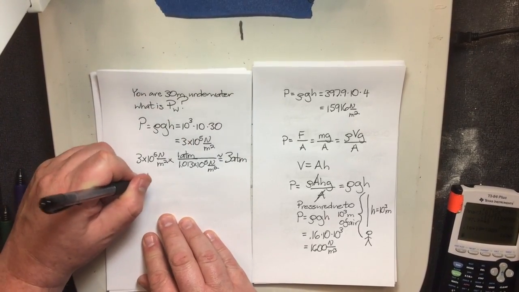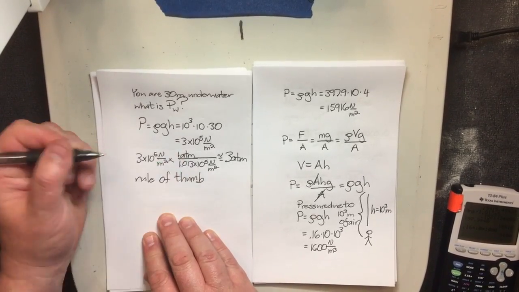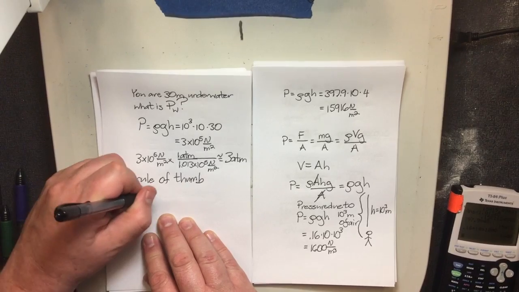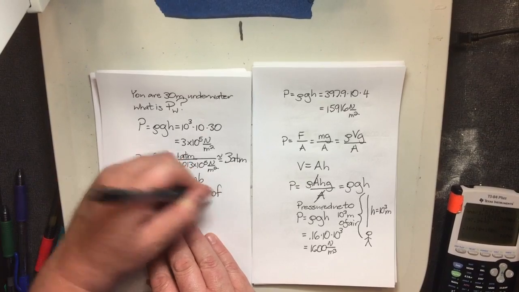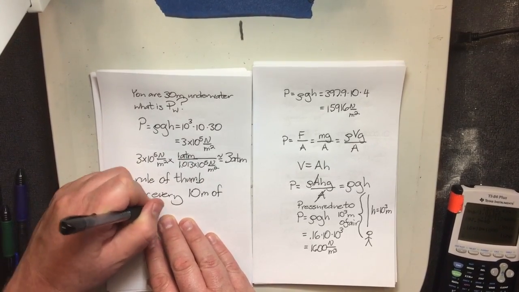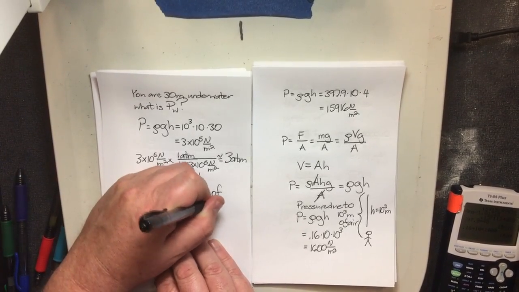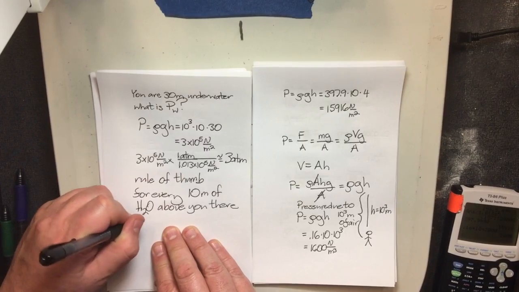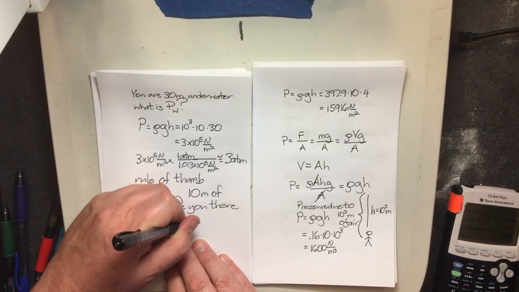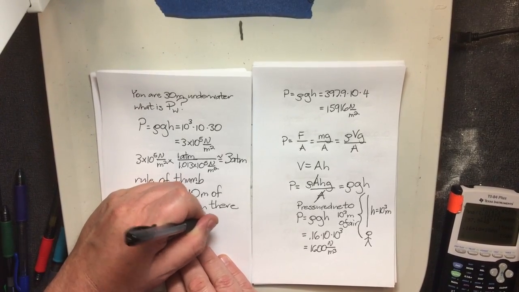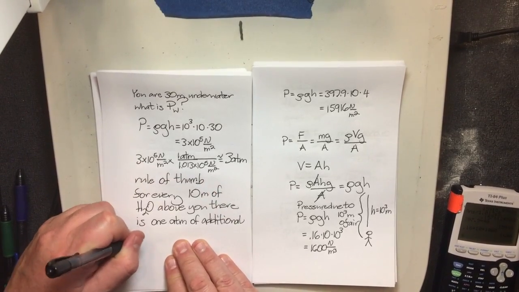So rule of thumb, just a saying, for every 10 meters of water above you, there is 1 atmosphere of additional pressure.